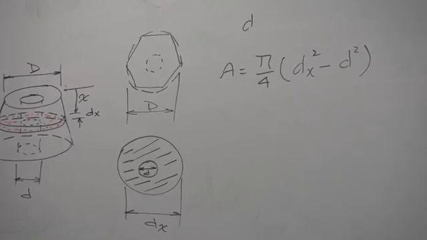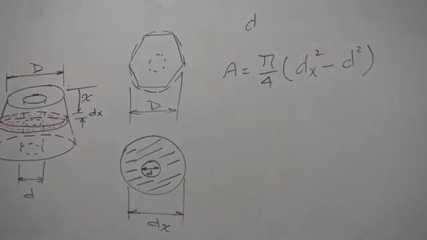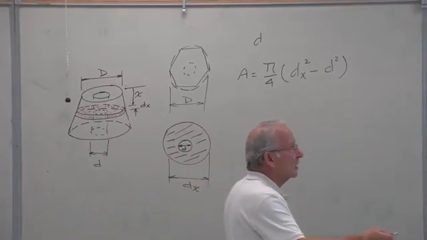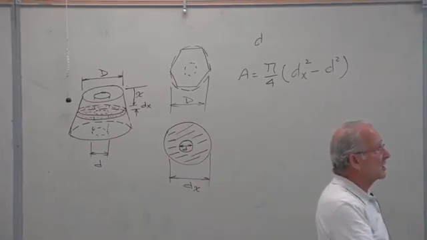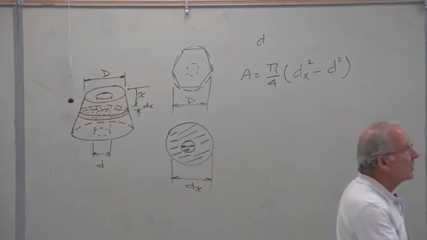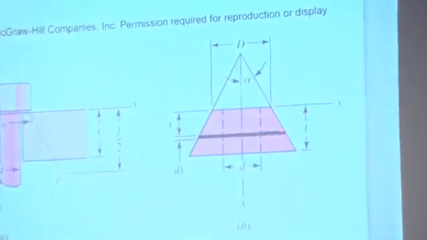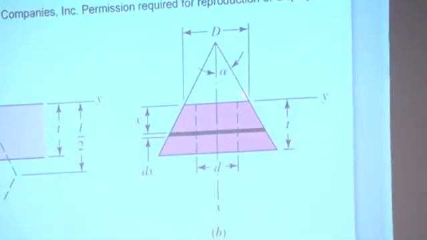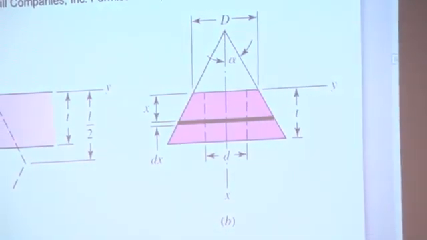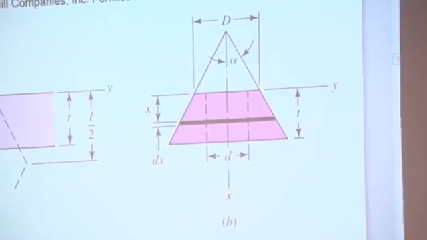Now, what is d sub x? If you take a look at this picture up on the screen, or the one I have here, it doesn't matter, but this one I think is easier to decipher. The diameter here is equal to that plus that little distance plus that little distance.